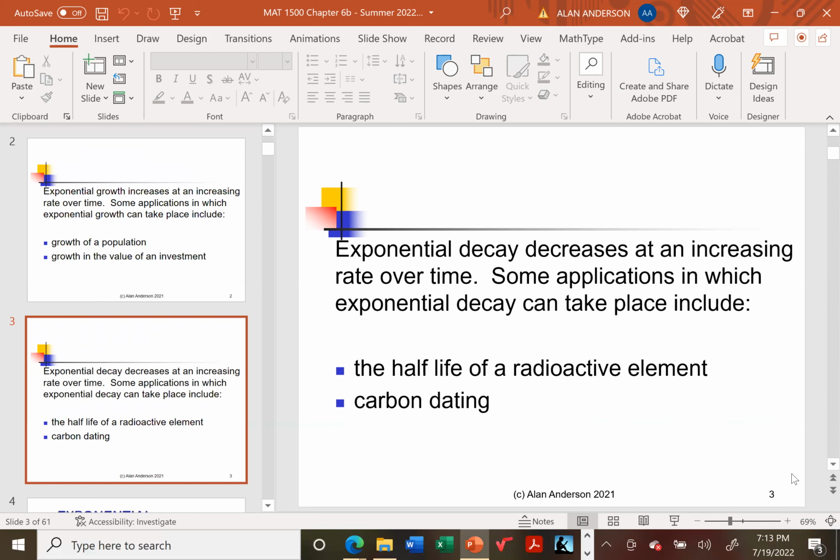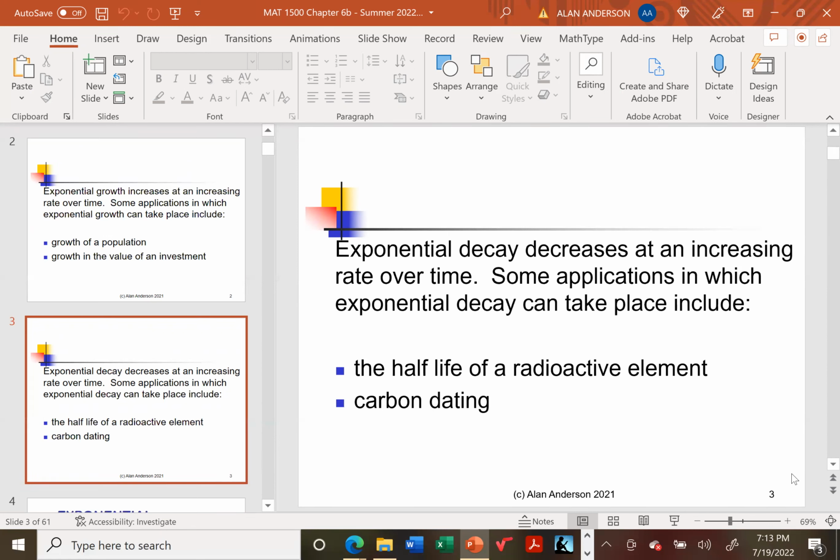But as far as the decay is concerned, the one example you almost certainly were introduced to in high school physics was the half-life of a radioactive element, which means that the amount of radioactive material in the element declines very, very rapidly. And we introduced the concept of half-life and also carbon dating, which is so famous.